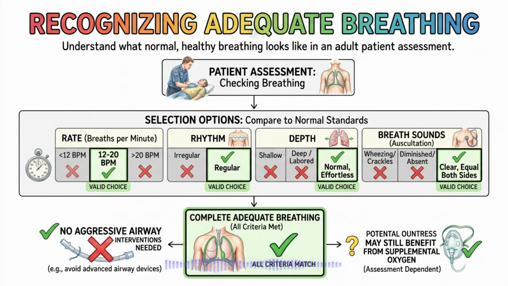When you listen with your stethoscope, the breath sounds should be clear and equal on both sides of the chest. If your patient meets all these criteria, their breathing is adequate, and they likely do not need aggressive airway interventions, though they may still benefit from supplemental oxygen.